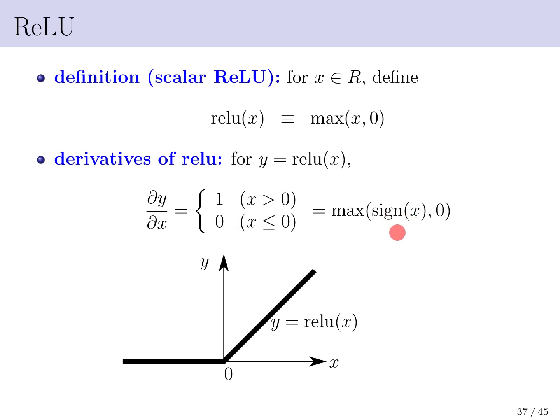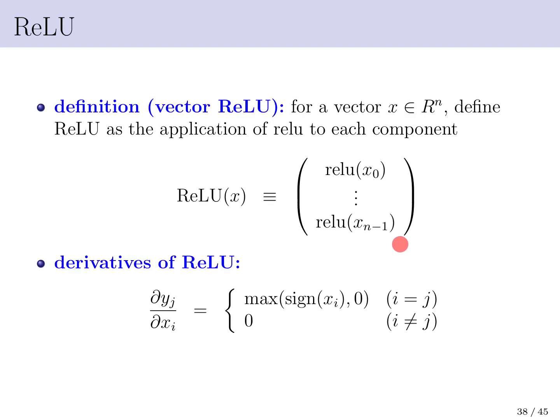Also, you can simply write it as max sign x 0. So sign x is 1 or minus 1, depending on whether x is positive or negative. So this is the one real value version of ReLU. And in the neural network, we simply apply this ReLU on each component of a vector.